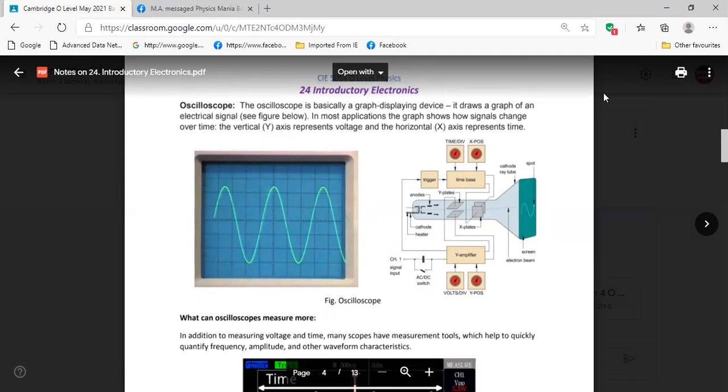You see in the diagram, we are seeing the graph. So the electrical signal we are seeing in the graph, and from there we calculate the values. We can get voltage from here, we can get frequency also. Frequency, time period, all this can be measured.